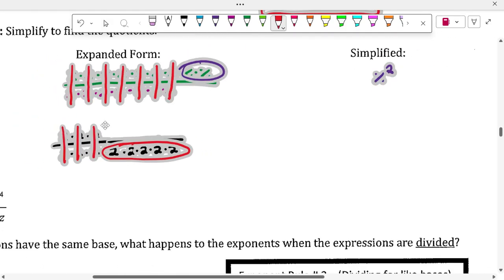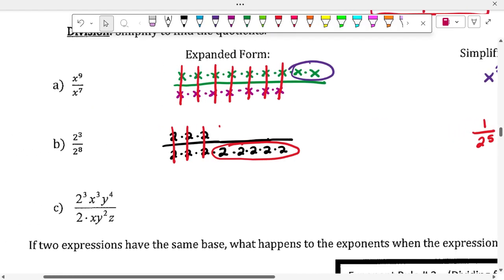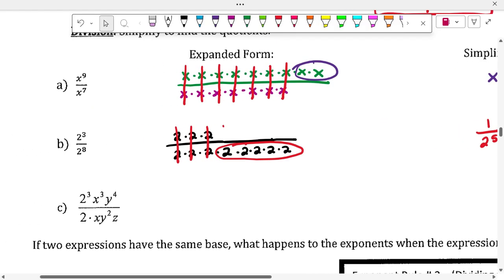Now, since everything canceled out on the top, it doesn't mean I can just get rid of the numerator. What do I have to put up there? A 1. Yes. Can't you just do 2 cubed and then 2 to the 8th power and then get the fraction for that? I mean, you could do 2 cubed and then 2 to the 8th and then simplify that fraction too, but that's because they're numbers.